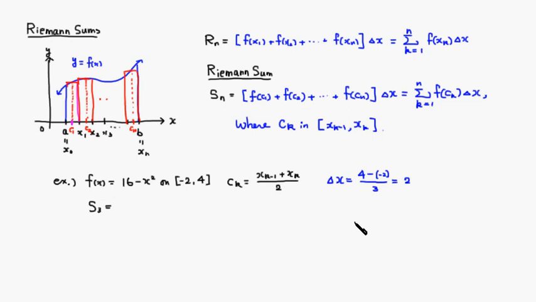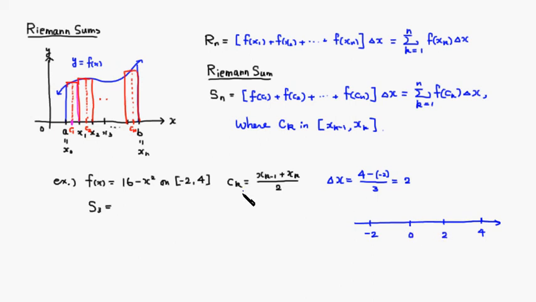So the interval is split into subintervals this way. You're going from -2 to 4, and this is split into 3 equal intervals, so that's going to be 0 here and 2 there.